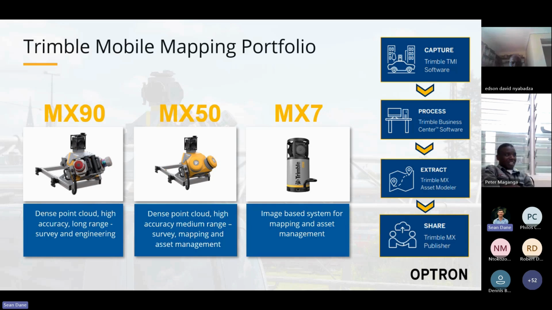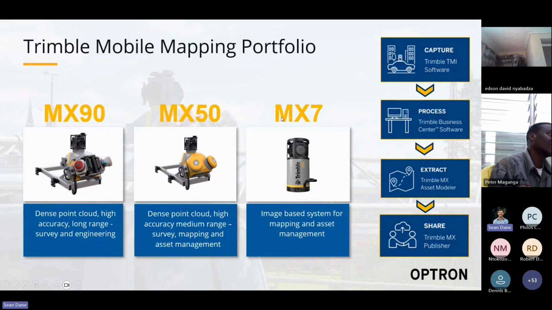Also very effective in survey mapping and more pitched at the asset management part of the sector. The neat thing about this solution is it's a 100% Trimble system. So you'll notice with the MX90 we've got some Riegl scanners here, but with the MX50 we have a 100% Trimble solution in there. Excluding the camera, which is OEM. But the laser profilers are Trimble designed and built. The IMU and all the components designed and built and integrated by the clever folks from Trimble.